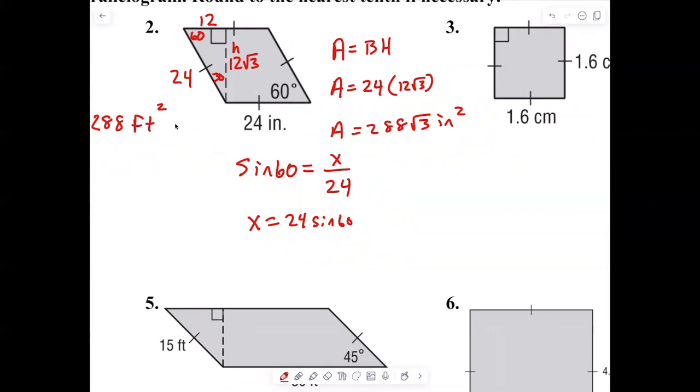That shouldn't be negative. Try to do 24, then sine, and then 60 in the parentheses.